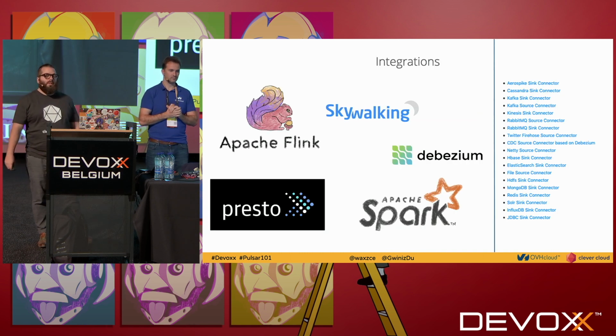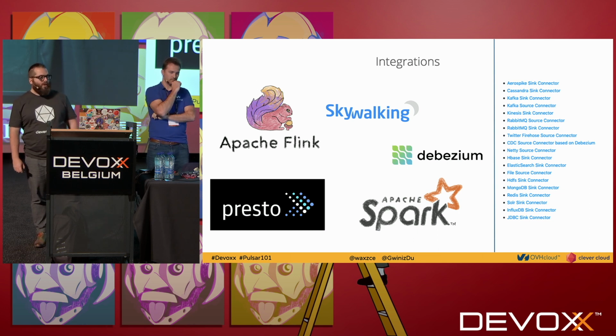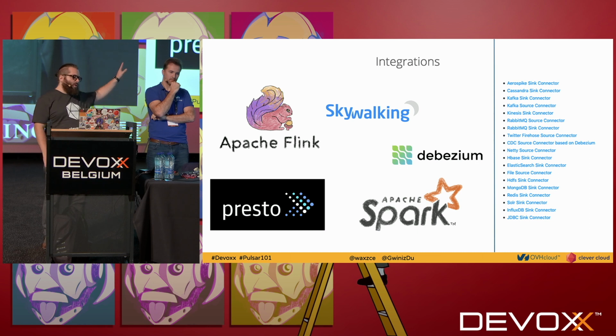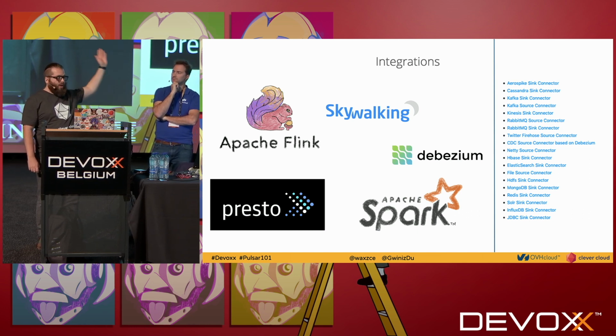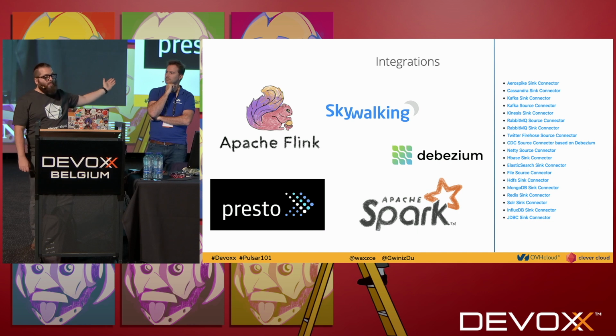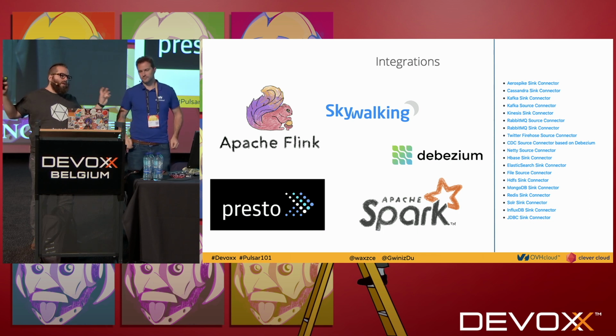Pulsar is very well integrated with all the ecosystem of Apache and other projects. I give you just a few logos here. You maybe know Flink, Skywalking, or WCM, which is a really great project used by a lot of people, but also a lot of names of something we call Pulsar IO, which is all the integrations.